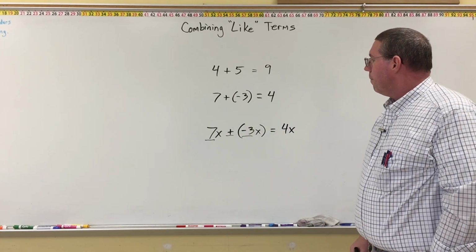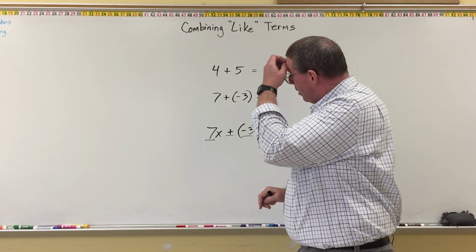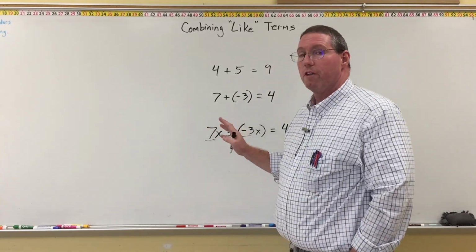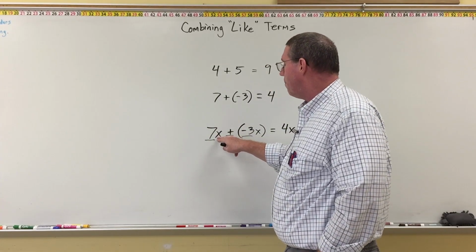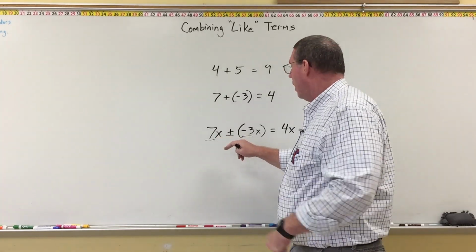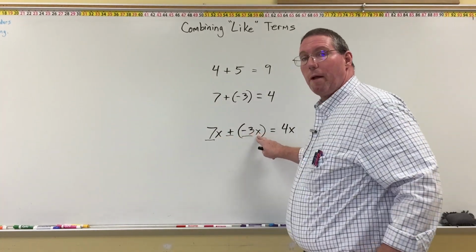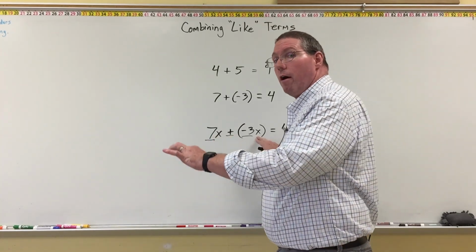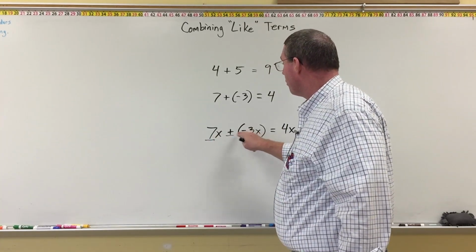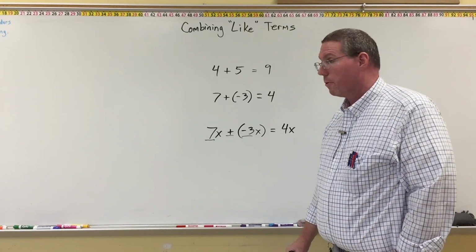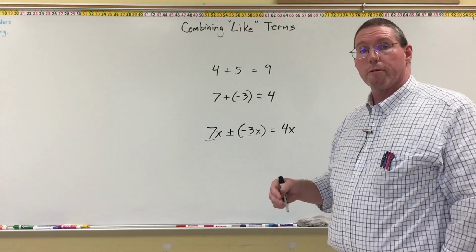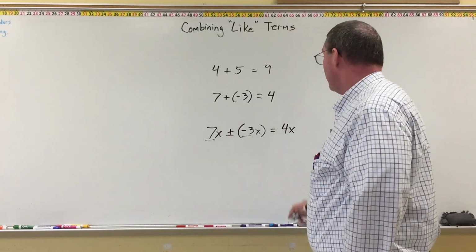The reason that's happening is because it's a form of distribution. The 7 is being multiplied by a variable number, and the negative 3 is also being multiplied by the same variable number, and therefore their coefficients can be added together. Now, if everything I just said was a little confusing, just ignore it and go with the example.